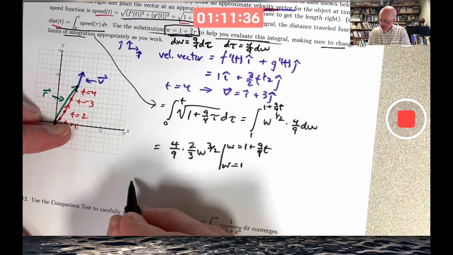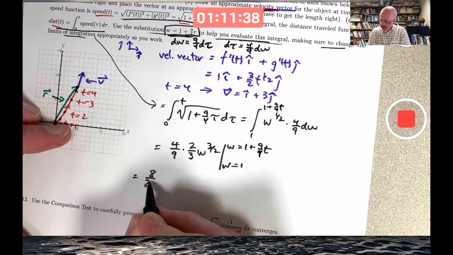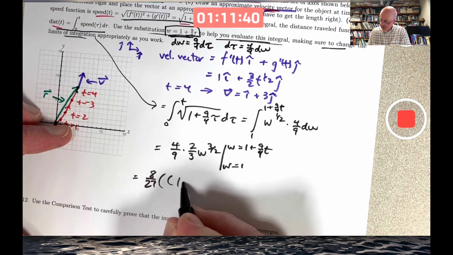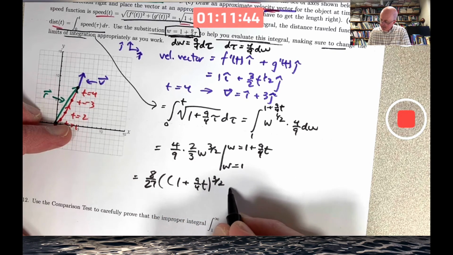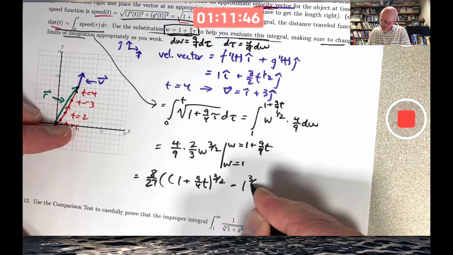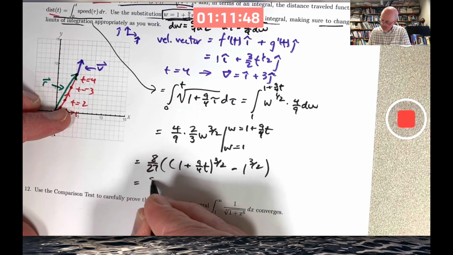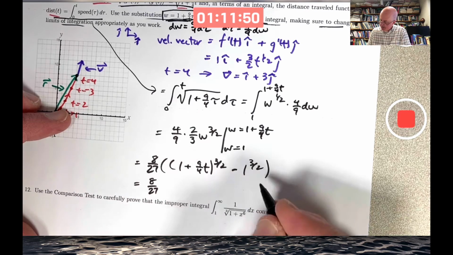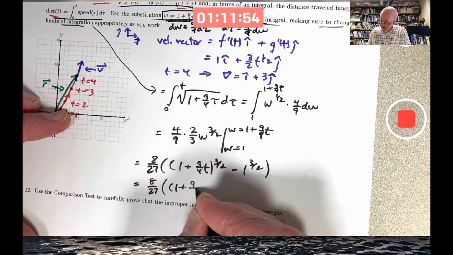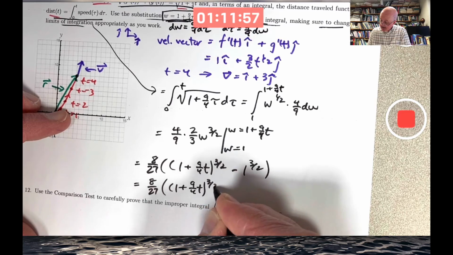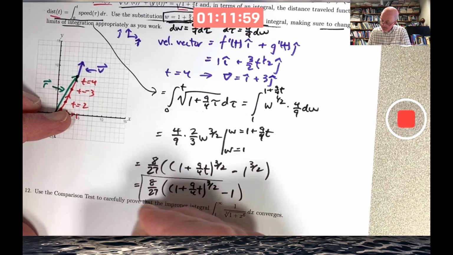This simplifies to 8/27, and then I'd have 1 plus 9/4 t to the 3/2 minus 1 to the 3/2. 8/27 can be multiplied through if you like, but I can also just leave it out here. This is fine. This is the distance traveled function.